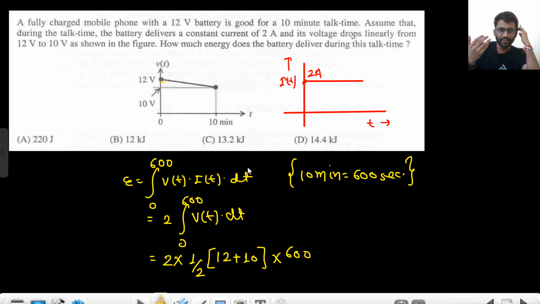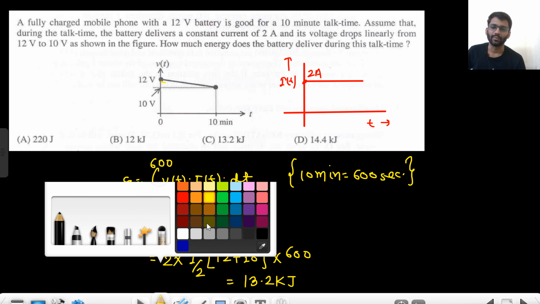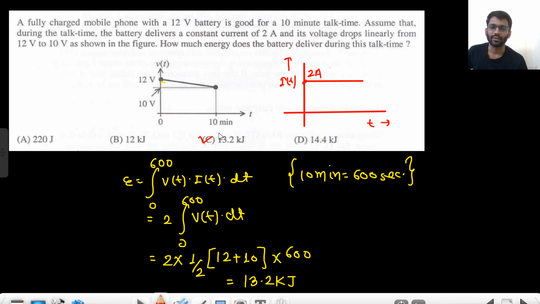So what is the area of the trapezium? 1 by 2 into the addition of the parallel sides into the height. So addition of parallel sides is these two, 12 plus 10, into the height. So it will be 22 into 6. So it will become 13.2 kilojoule. Okay, so this will be your final answer, 13.2 kilojoule.